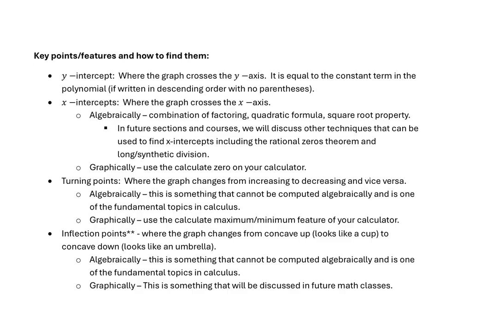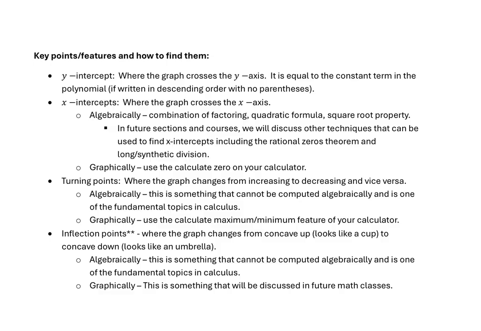Okay, so now let's talk about key points, features of polynomial functions, how to find them. We're going to start off with the basics, the stuff that we should already know. And so just like with any other type of function that we look at, one of the key things that we always want to find is intercepts.